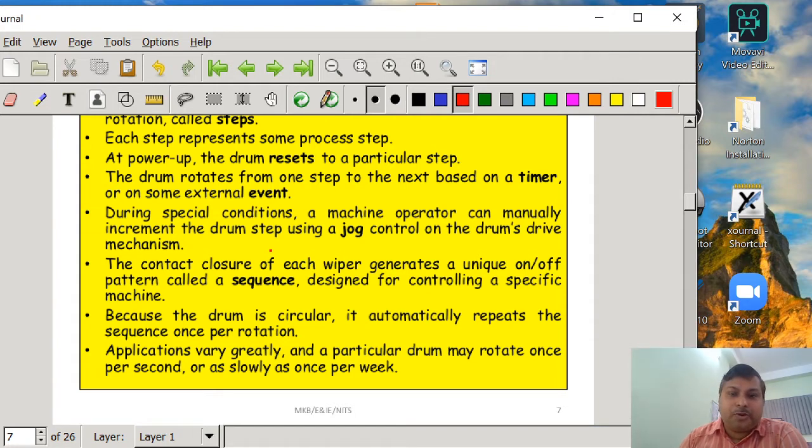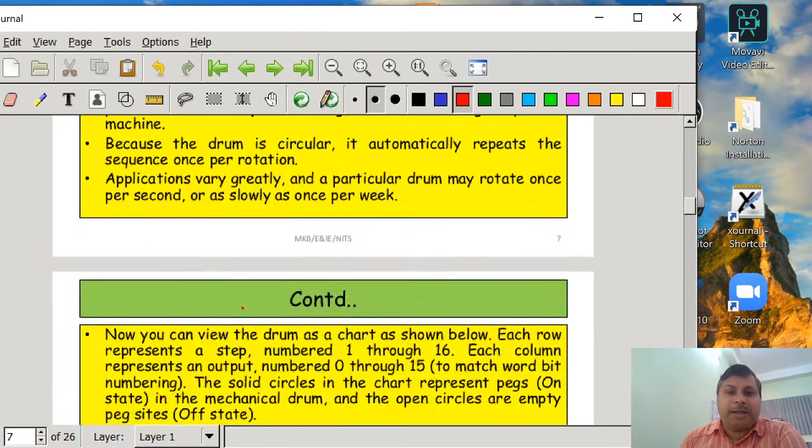So when one rotation is complete and it goes for the second rotation, the same pattern repeats. Applications vary greatly, and a particular drum may rotate once per second or as slowly as once per week. So depending on your requirement, you can control that each step will be executed per second, or it may be per week, depending on the application.